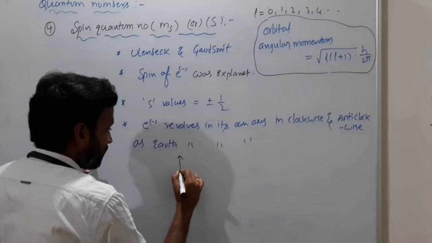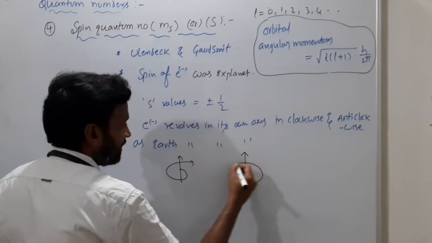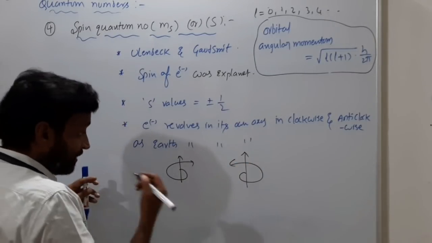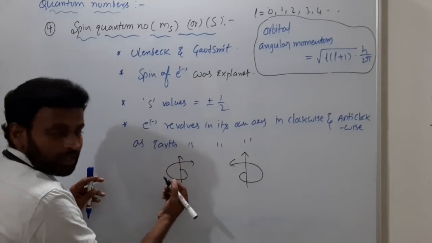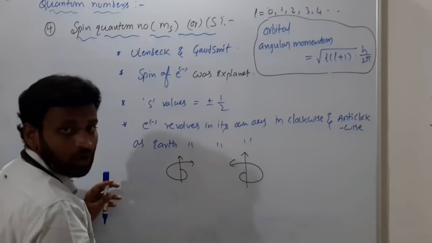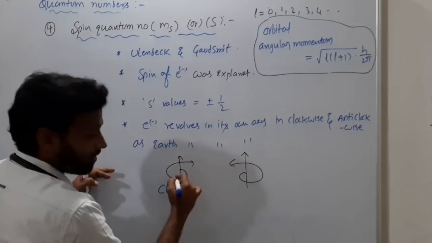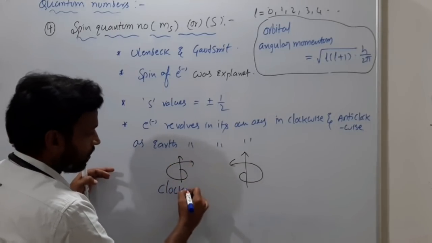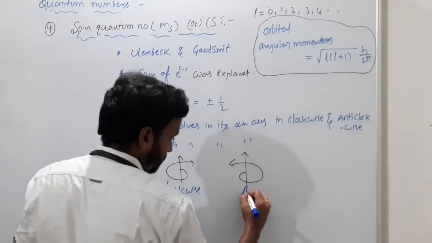If the electron revolves on its own axis like this, this is clockwise: the electron revolving in clockwise direction.